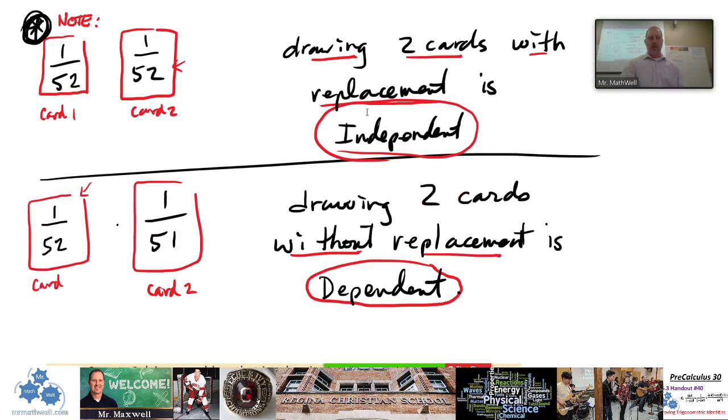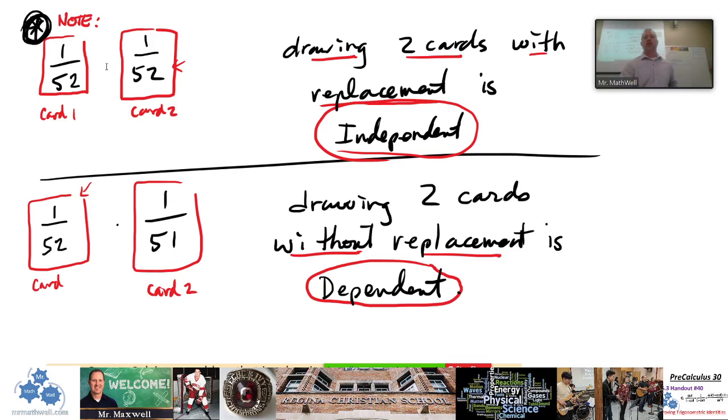Okay? I will mention something else that you will come across. So in drawing cards, if you draw 2 cards from a deck, and after you draw the first one, you put it back, your second draw, or those 2 events, would be independent.